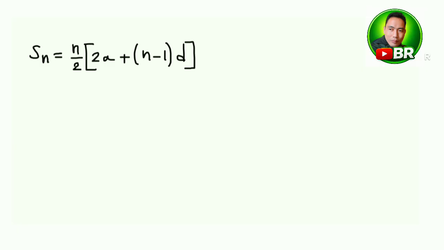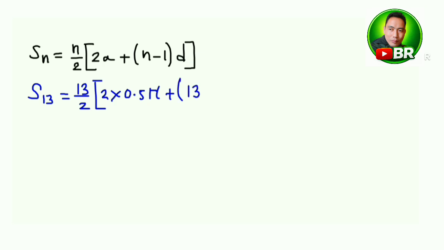Okay, now Sn, n equal to 13, equal to 13 by 2 into 2 into a, that is first term is 0.5 pi, plus n equal to 13 minus 1 into d, that is common difference is also 0.5 pi.